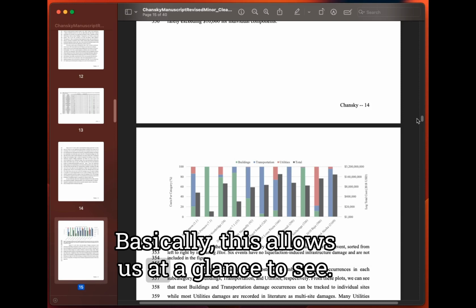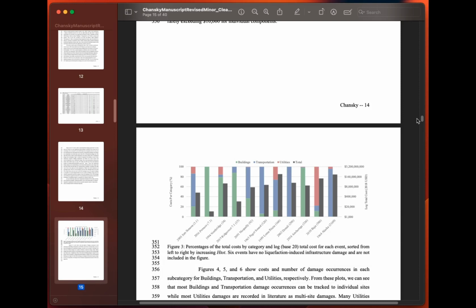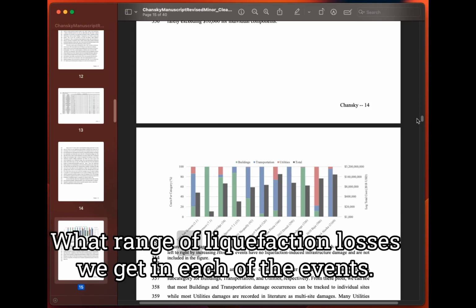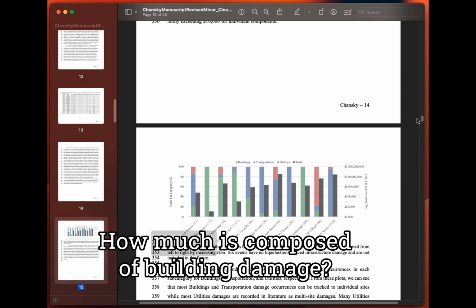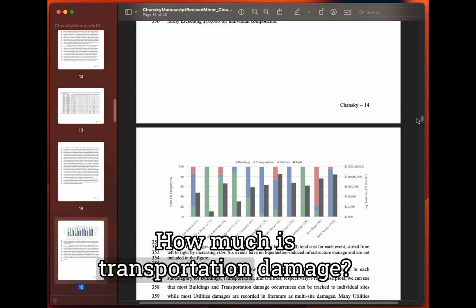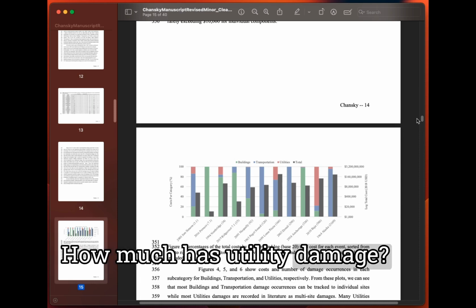Basically, this allows us at a glance to see what range of liquefaction losses we get in each of the events. In addition, for each of those events, how much is composed of building damage, how much is transportation damage, how much is utility damage.